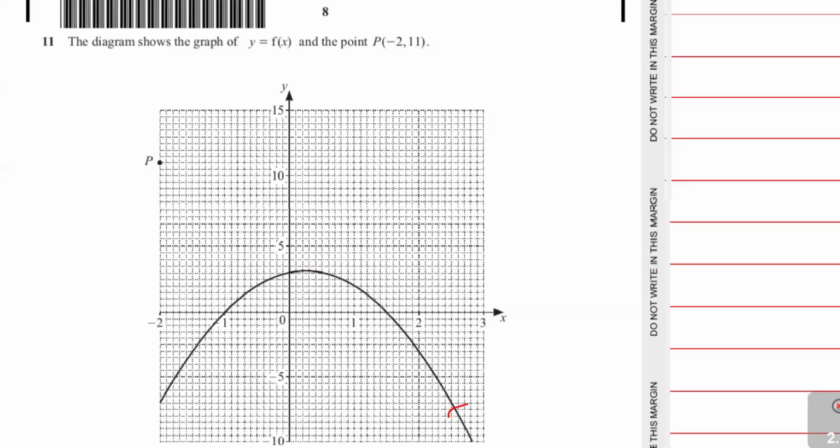Next question. Question 11. The diagram shows graph y equal to f of x and the point P minus 2, 11.